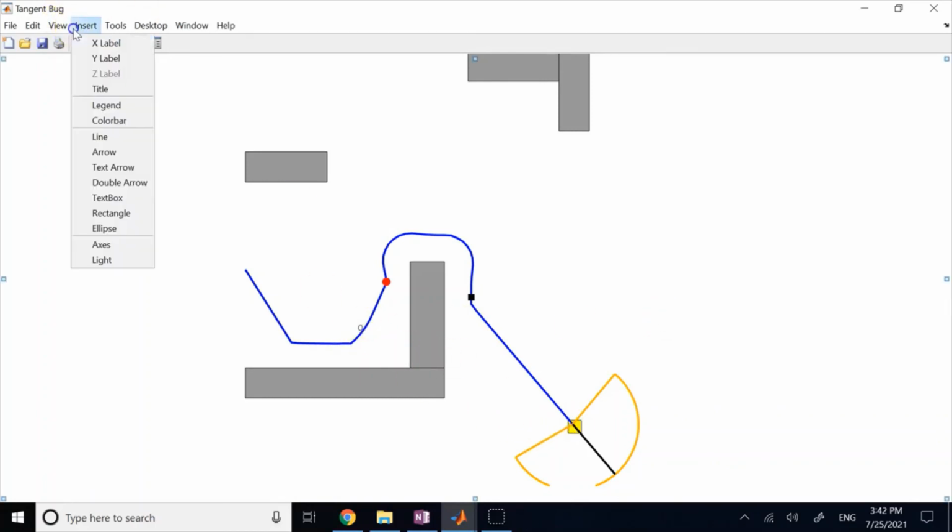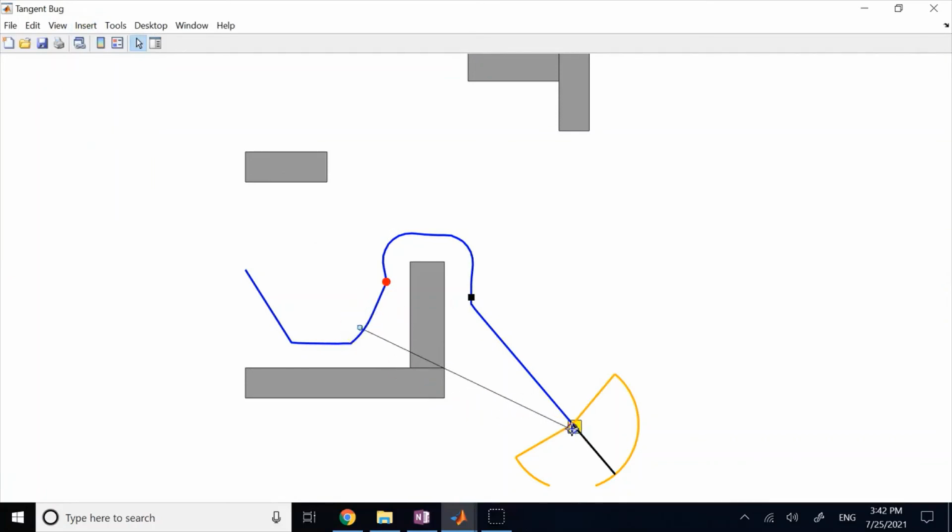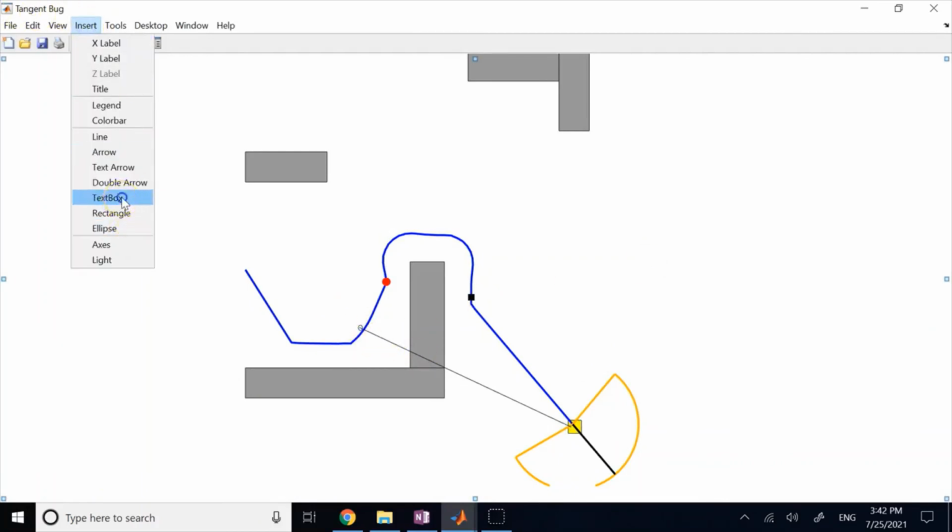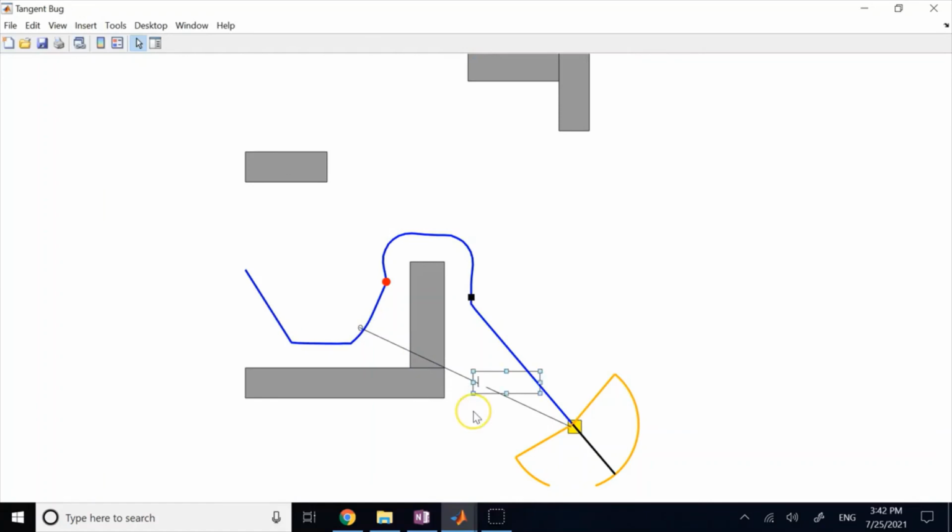So dmin is this distance here. Let me insert the text box here for you. This is dmin. This is the best you could go so far.